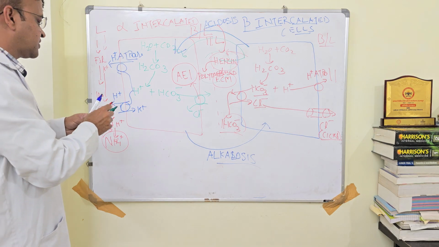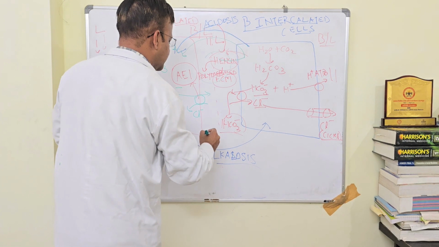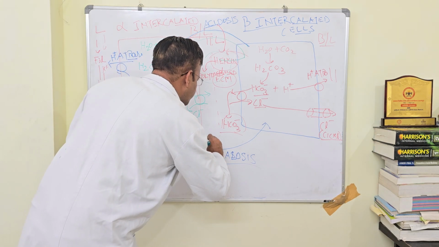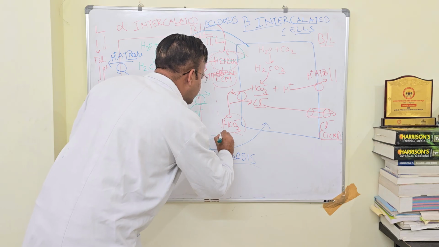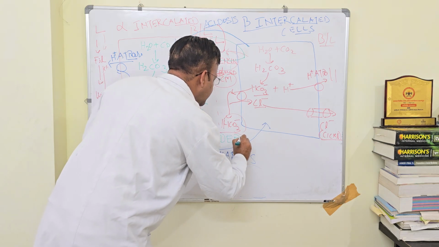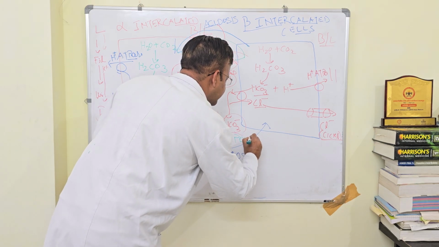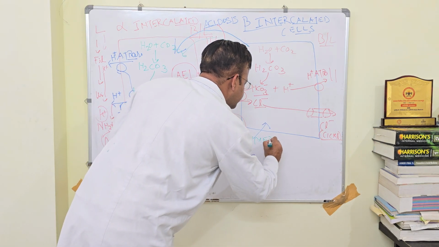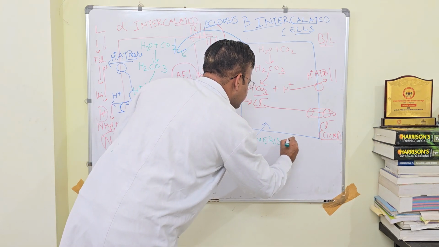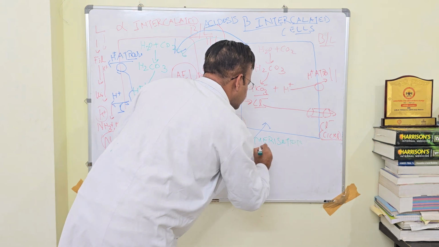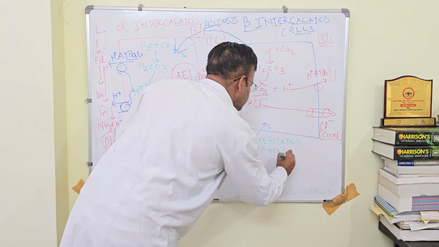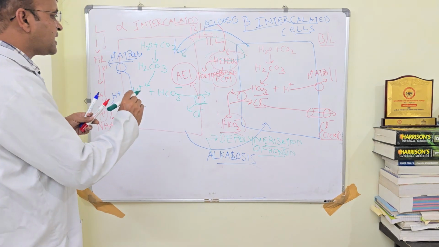In alkalosis, depolymerization happens. This Hensin gets depolymerized in alkalosis.